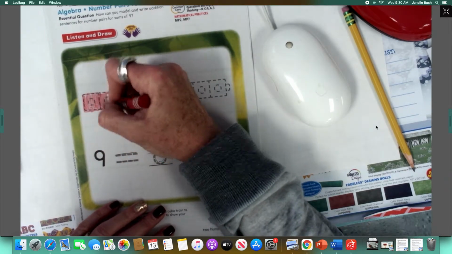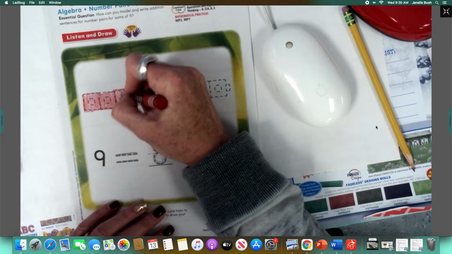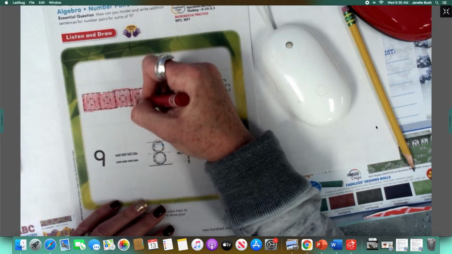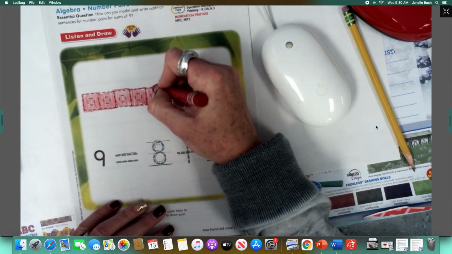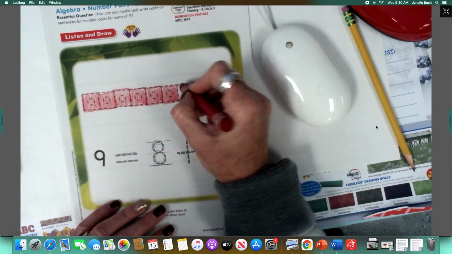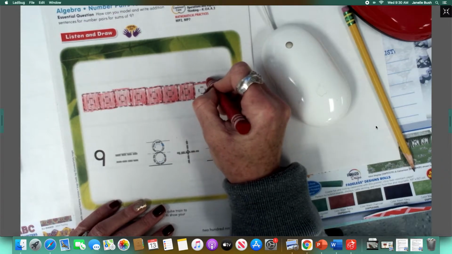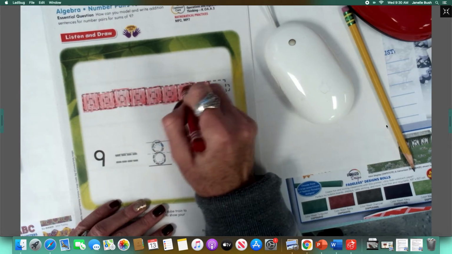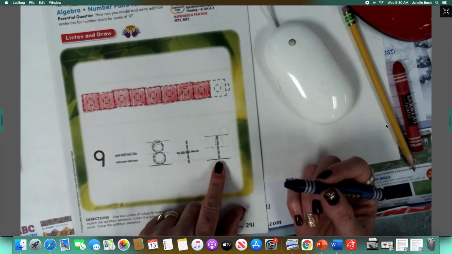2, 3, 4, 5, 6, 7, and 8. Okay, and how many cubes are we going to color blue?